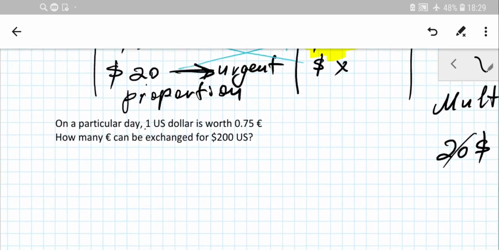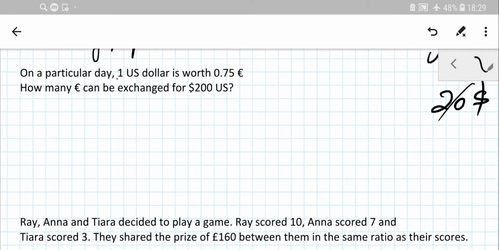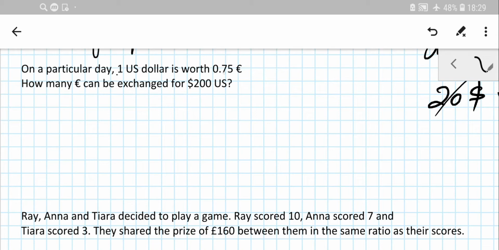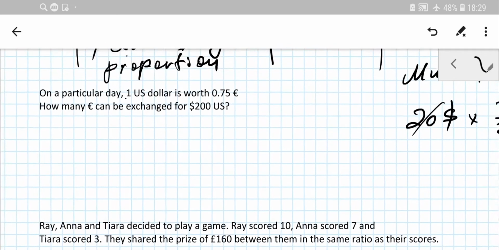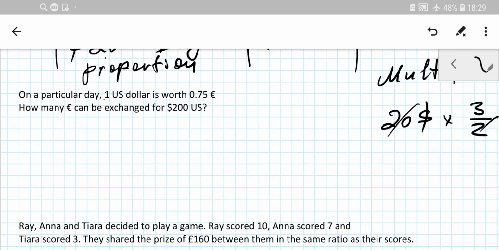Okay, let's move on. On a particular day, $1 is worth 0.75 euros. How many euros can be exchanged for 200 US dollars? Okay, so in this case, what can you do? You can simply use the same approach as we used before.